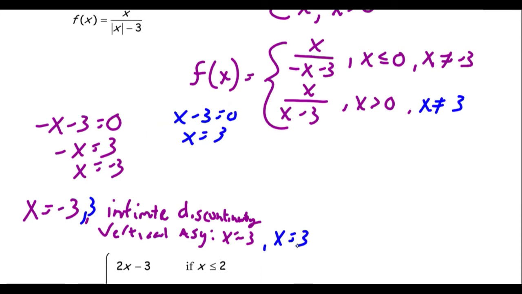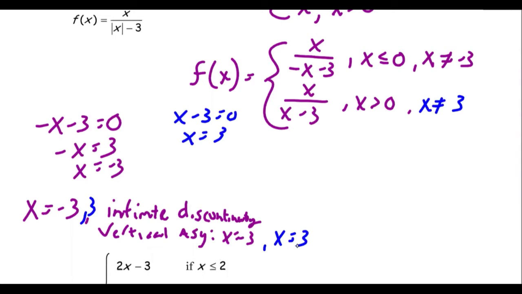All right? So now, where's another possible point of discontinuity? So we've covered the 3 and the negative 3, when we have division by 0. I got a piecewise function. So when can a piecewise function be discontinuous? Where the two pieces meet.